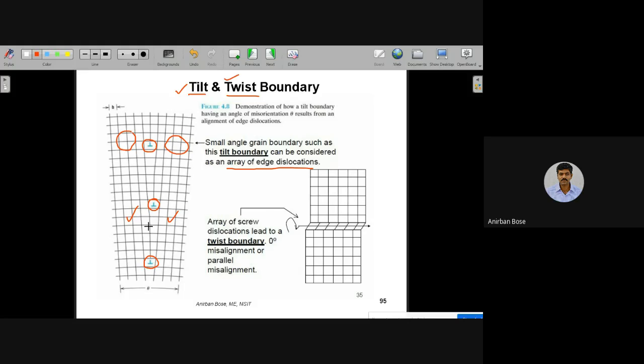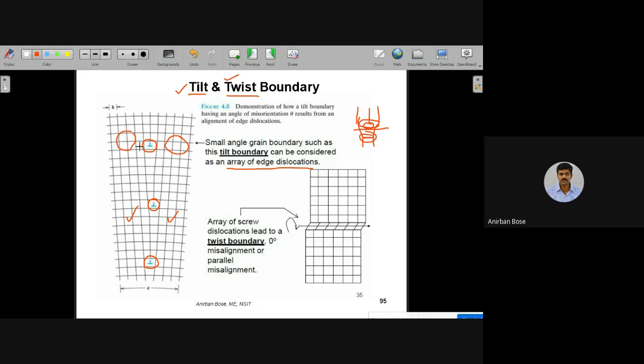So when they align, you know that in case of edge dislocation, this kind of structure happens. The distance between them increases, the distance between them decreases.